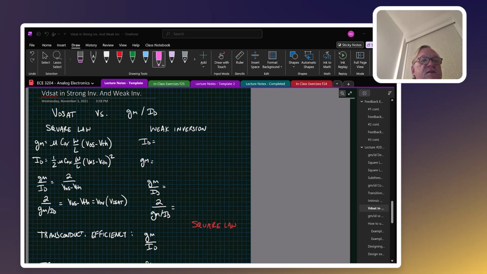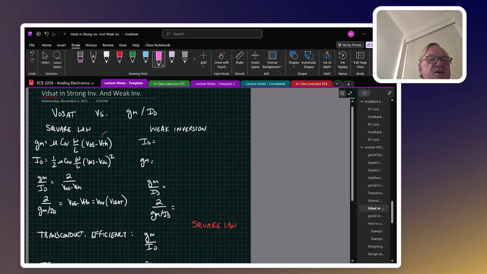Okay, so let's look at VDSat in strong inversion versus weak inversion. So we know the square law of a MOSFET. We have GM is equal to mu times Cox times W over L times VGS minus VTH, and we sometimes call this VDSat or VOV.